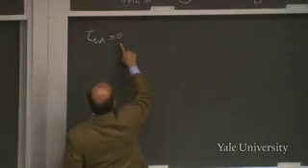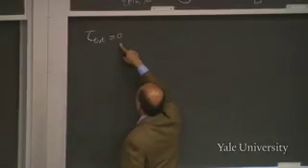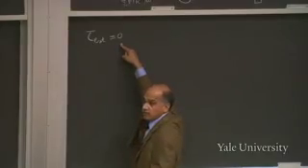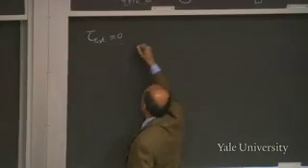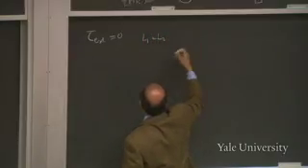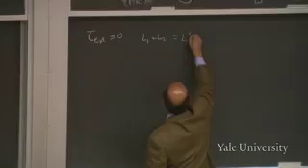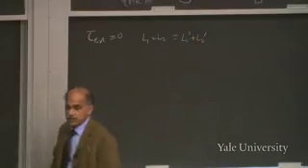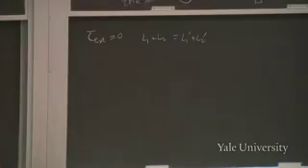Then you remember when the external forces vanished, then the momentum of the system was the same. P1 plus P2 was P1 prime plus P2 prime. So here you will find L1 plus L2, or L3, any number of them will be conserved. In other words, in the absence of external torques, angular momentum of a system is conserved.